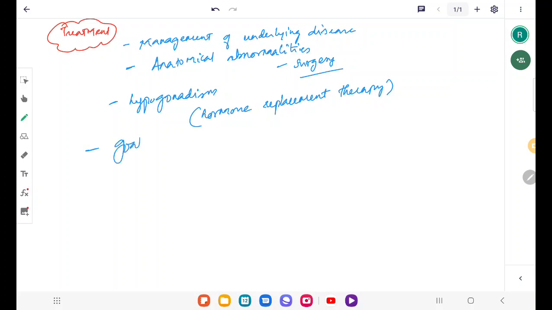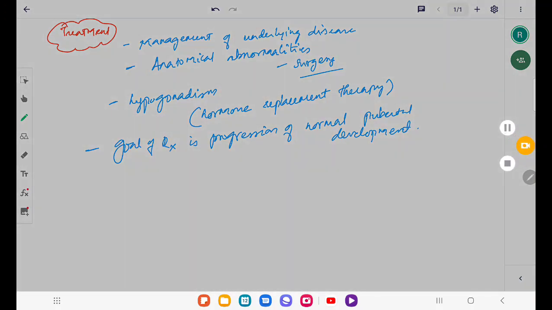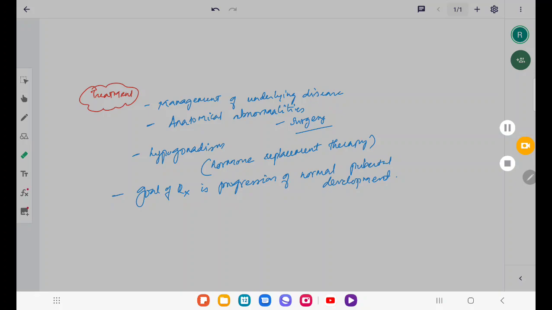So the overall goal of treatment is progression of normal pubertal development. I hope you guys are clear about the primary amenorrhea.